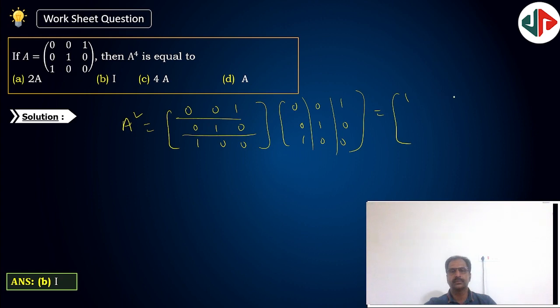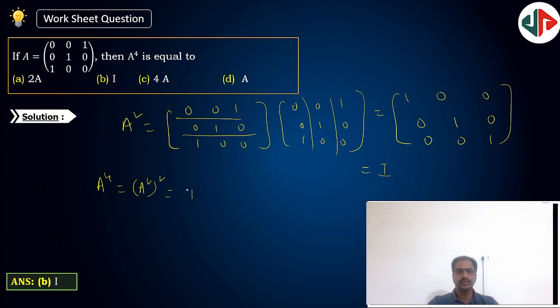You get 1, 0, 0, 0, 1, 0. You will get A square as I. Then A power 4 will be A square whole square, which is I square. I power any positive integer is I. So the answer is I, option B.